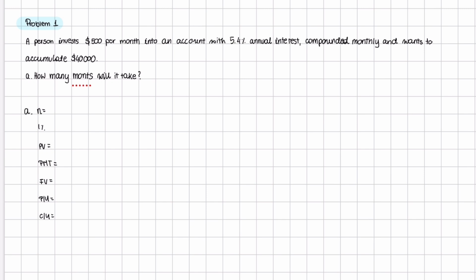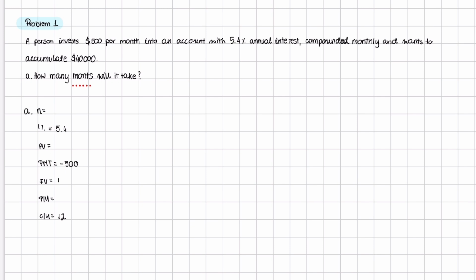So a person invests 500 per month. So it's our PMT, and with minus because it leaks out. We have interest rate 5.4. We have compounded monthly, so C/Y it's 12, and our person wants to accumulate $40,000.